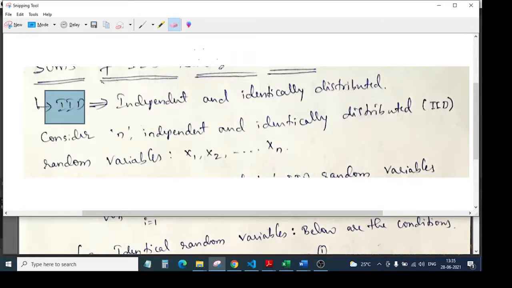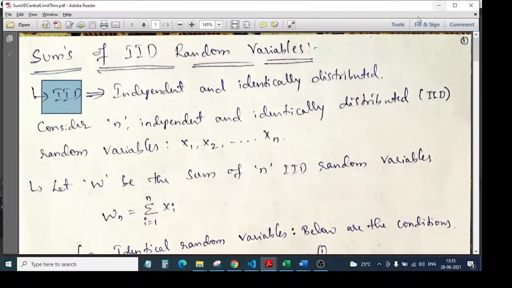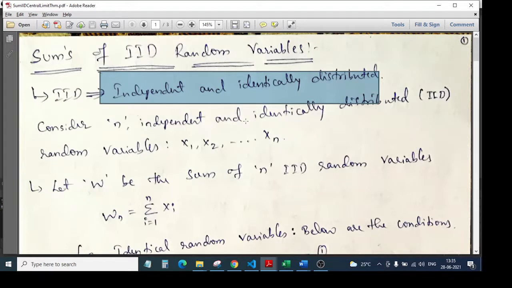Any of these notations can be used, or sometimes we don't use the dots in between and just write it like this, or they will write it in caps. All these are valid. So this is how you represent independent and identically distributed. I hope you understood the meaning of independent and identically distributed random variables.